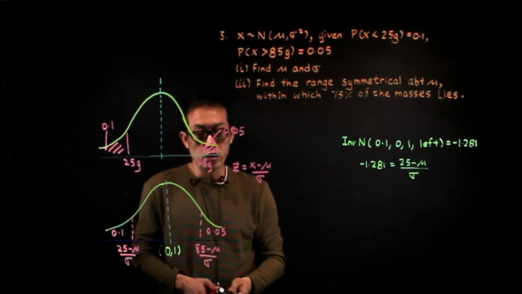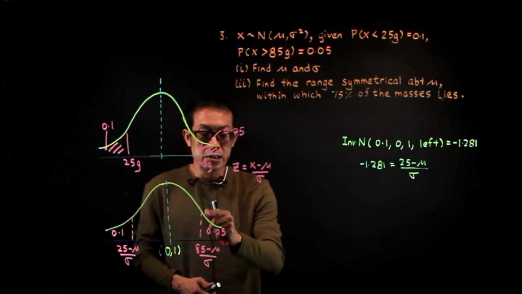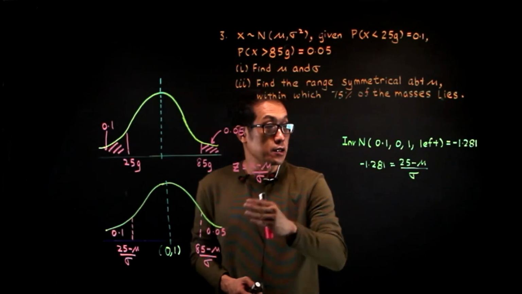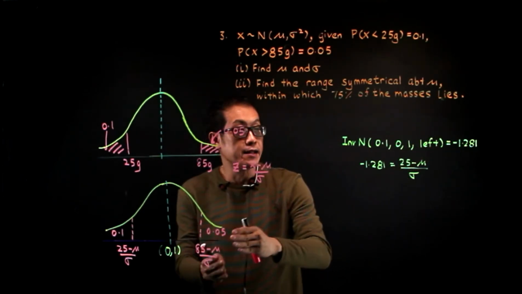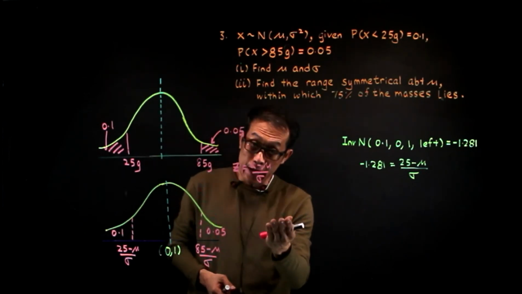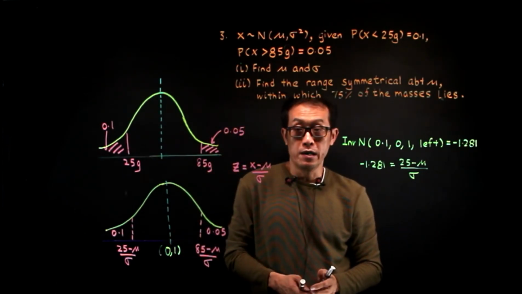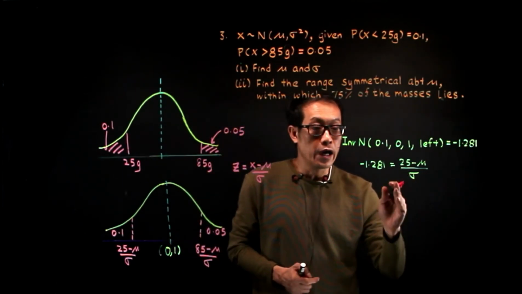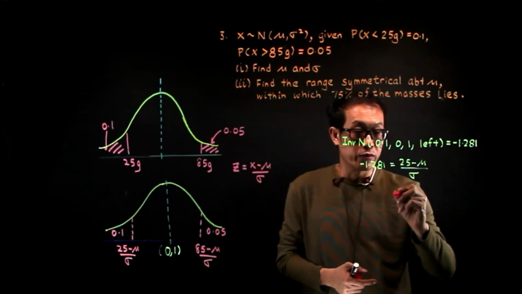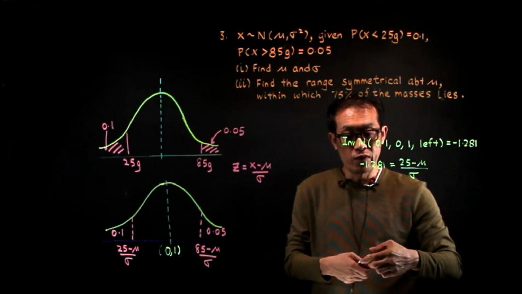We can do an inverse normal 0.05, but for this point the area here you must indicate to the right instead of the left, because this is on the right hand side of the bell-shaped curve. Now I leave that to you, and the answer you get will be 1.644.